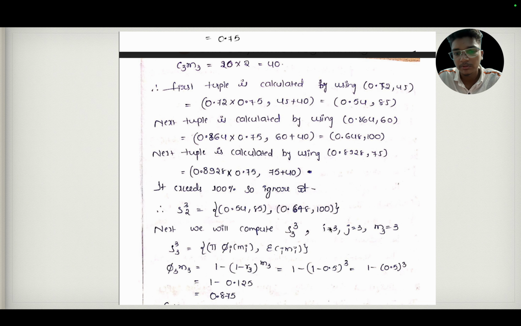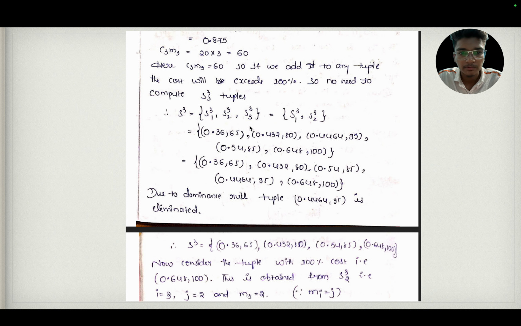Next we'll compute 0.75. Here 60 will be added and the cost will exceed 100, so we need to compute these 3 tuples. Due to the dominance rule, this tuple is also eliminated, because 95 is exceeding. If we add the next one, it will exceed 105.